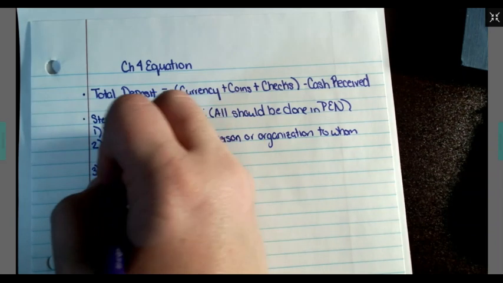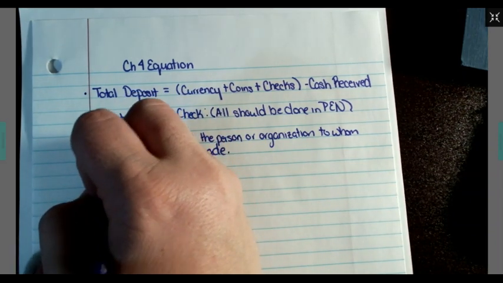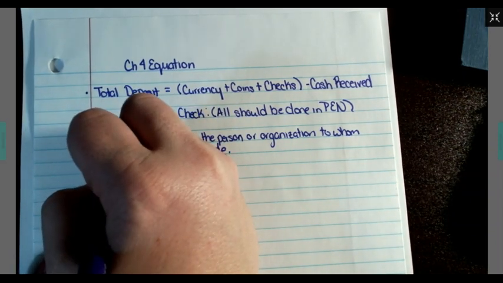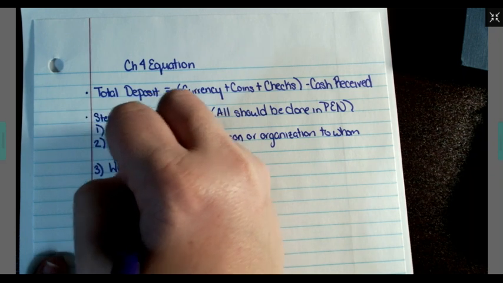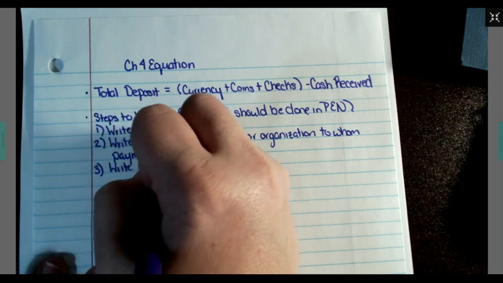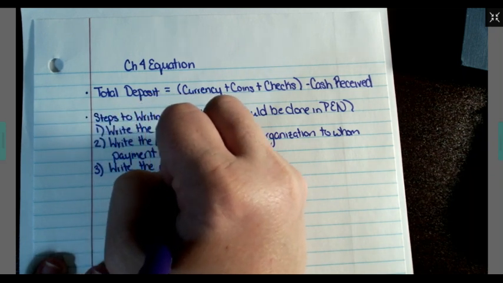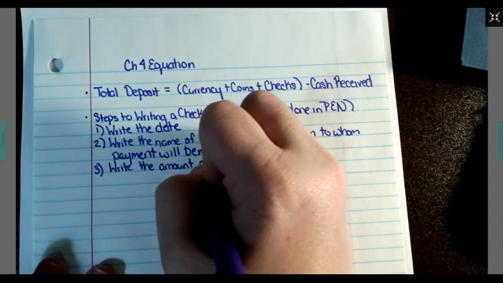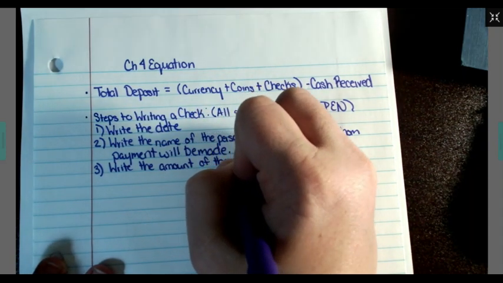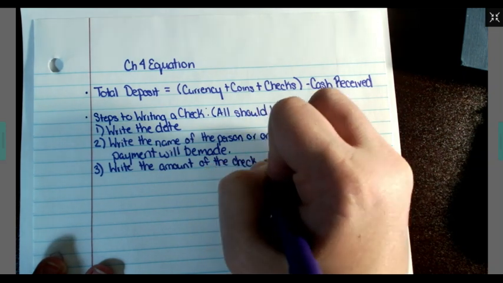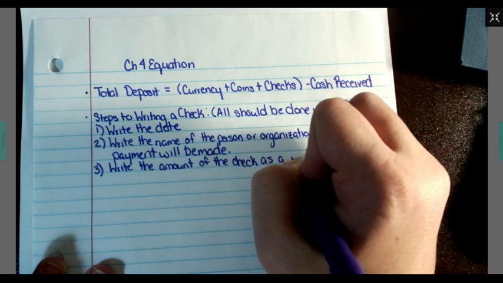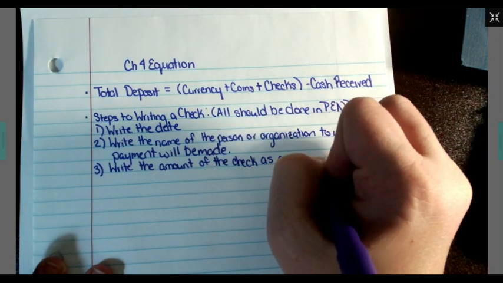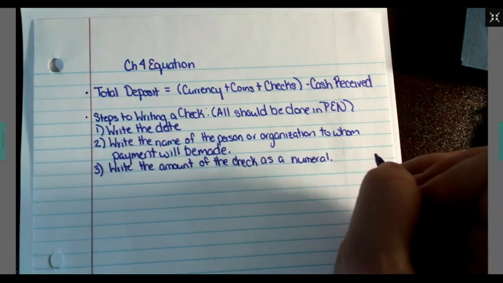Three, write the amount of check as a numeral, meaning in number form.